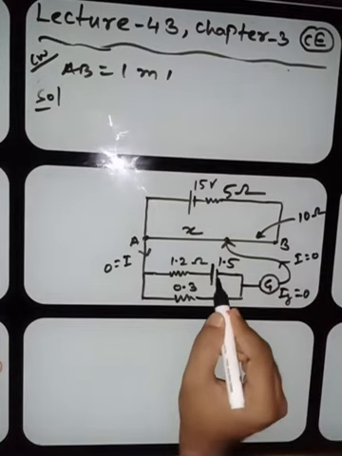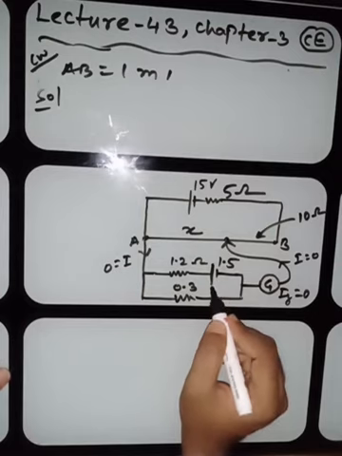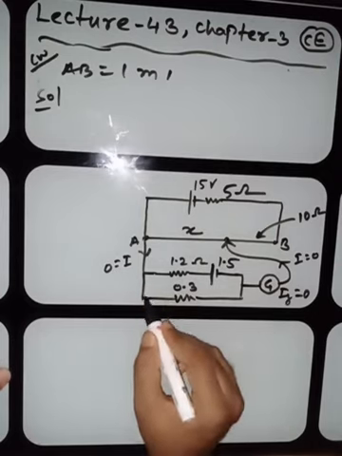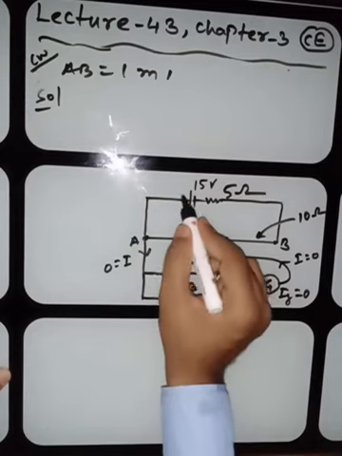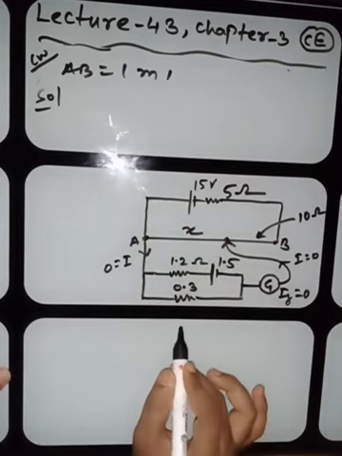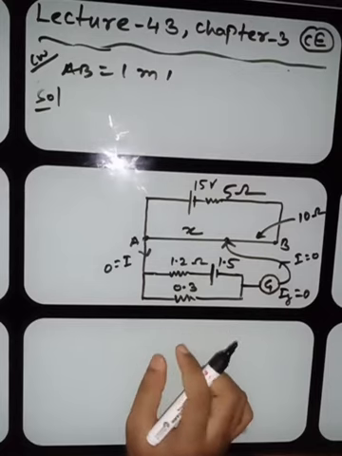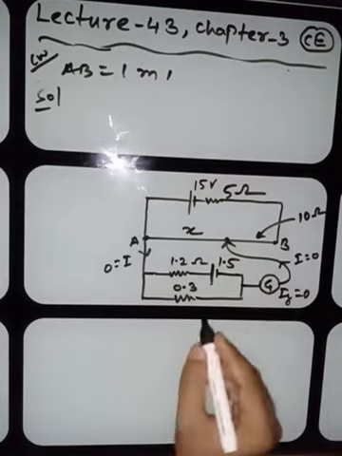It means the current developed by this battery, listen carefully my dear students, will move only in this branch, because at the null deflection condition, I will be 0.